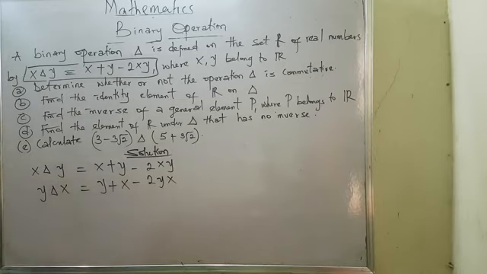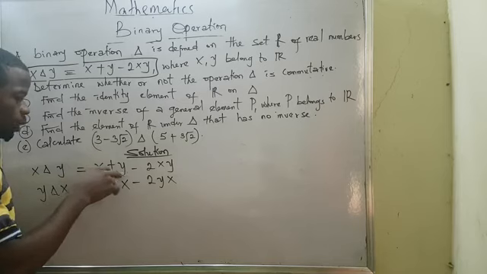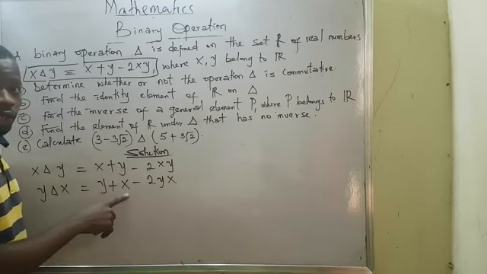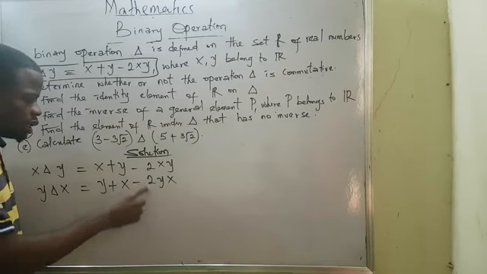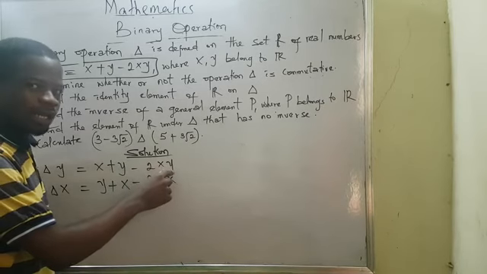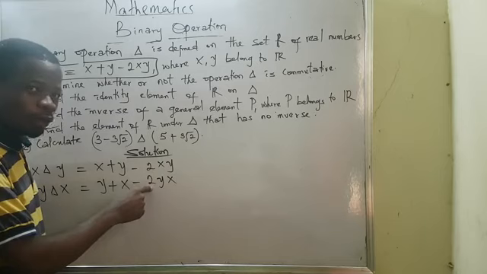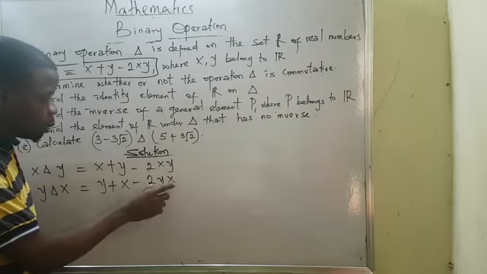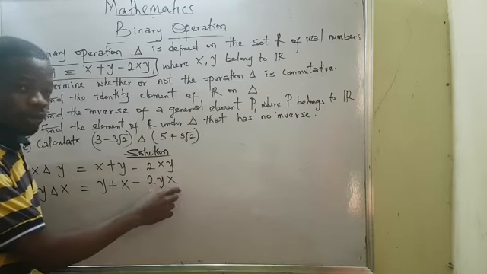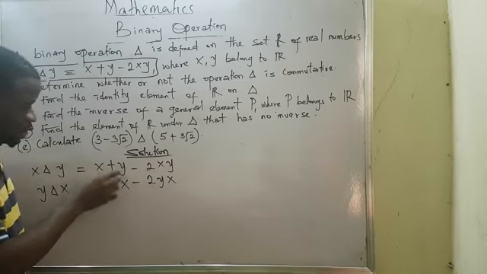And for the knowledge of our commutativity, x plus y is the same thing as y plus x. This is a minus, of course, and it's not affecting anything. This is a product of 2 and x and y, and we have a product of 2 and y and x. xy is the same thing as yx. So this is equal to this, and this is equal to this.